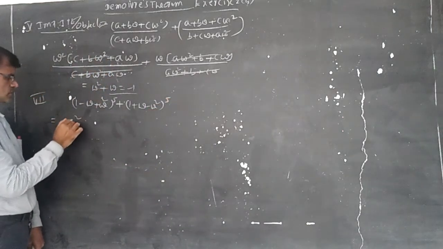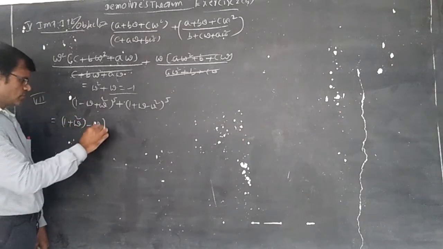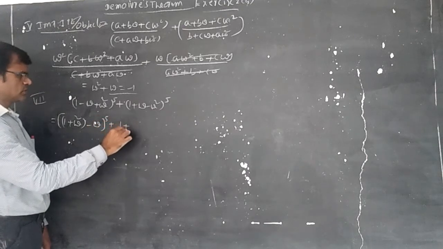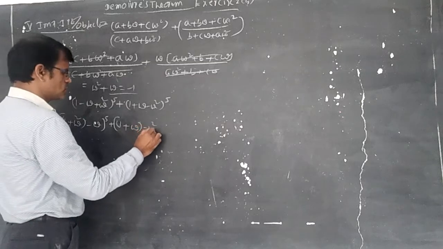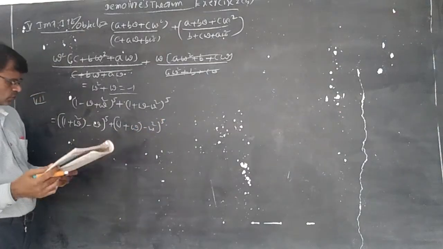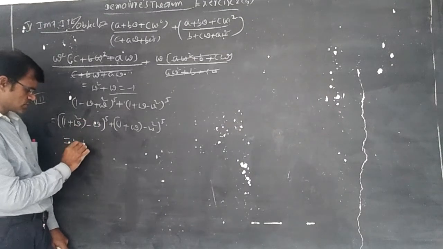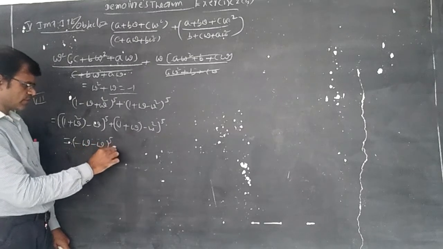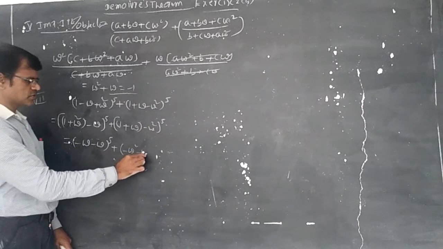Now 1 plus omega square, write as a group, minus omega, whole power 5, plus 1 plus omega, take a group, minus omega square, whole power 5. 1 plus omega square you can write as minus omega, and 1 plus omega as minus omega square.